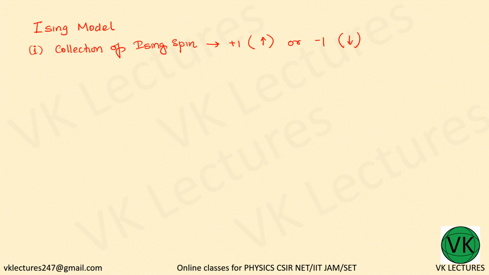Now in the Ising model there are two types of interaction. One is mutual interaction, and the other is the interaction with the magnetic field.